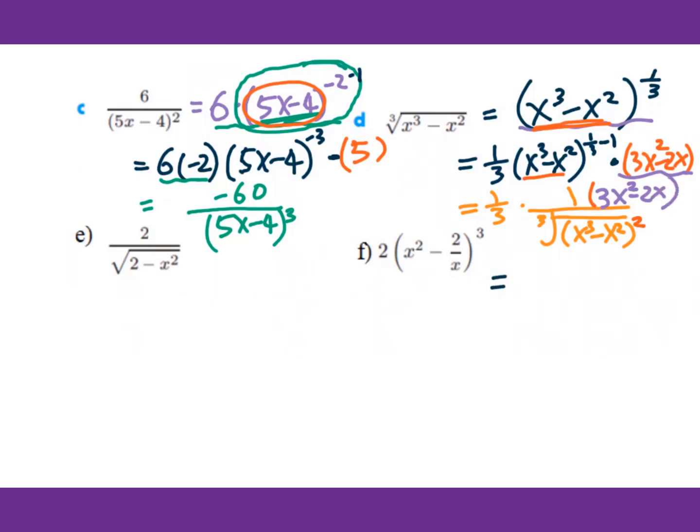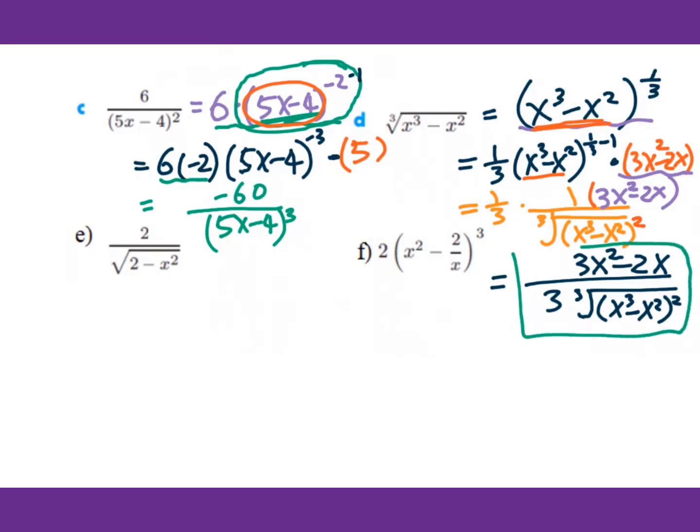Now simplify, you will get 3 times the cubic root of x third power minus x squared, squared, then 3x squared minus 2x on top. That's it. Don't try to reduce this 3 and 3 because for the rational function, only the factor you can reduce.